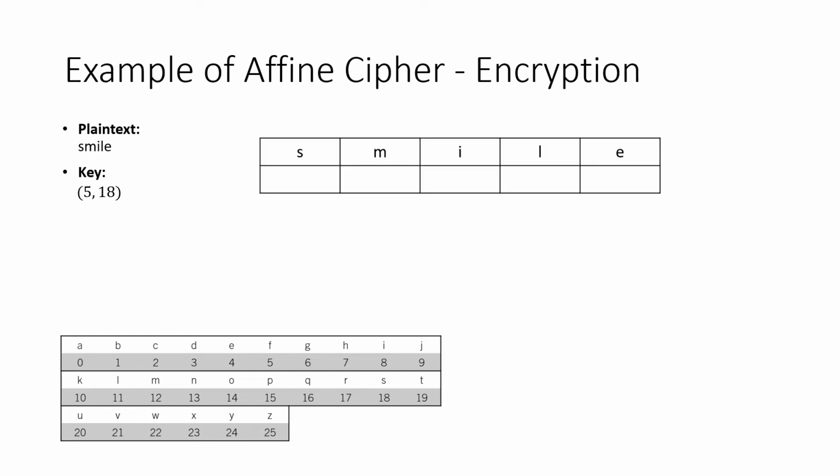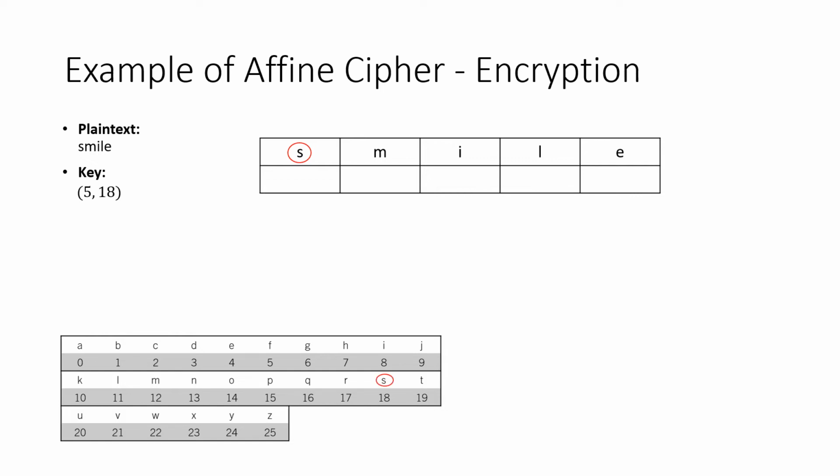As with other crypto systems, we usually tend to divide our plain text and put it in a table like this. And then since we are working with modular arithmetic, we have to map these letters to numbers. We have our table on the slide, so we can read off the value. We look at letter S at first in that first table, and then we look at the mapping table this time.